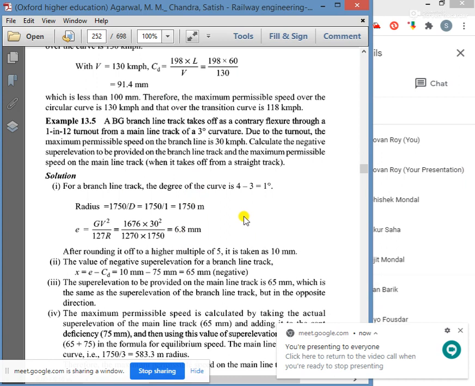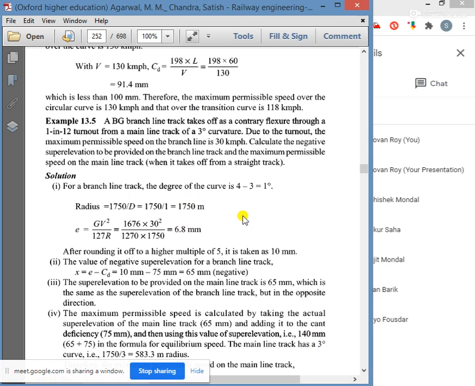In the last class we had one problem, like the permissible speed of the railway track. After that, there are lots of problems regarding the length of the transition curve.